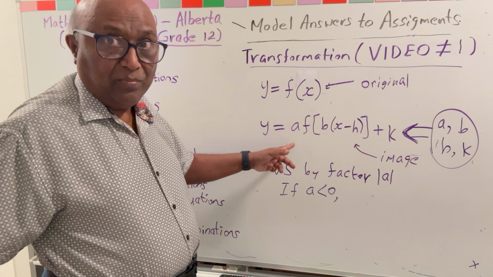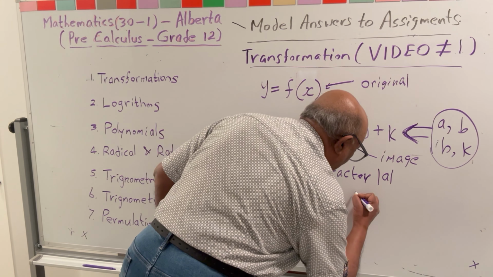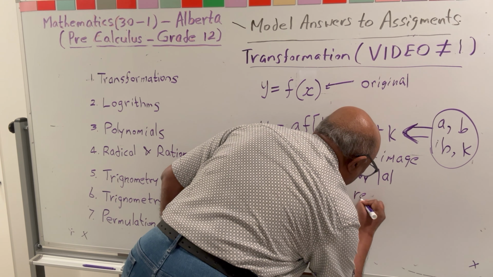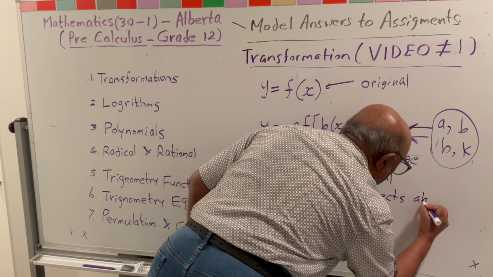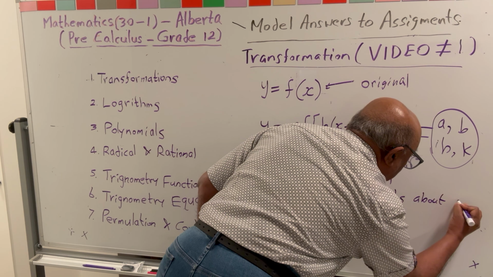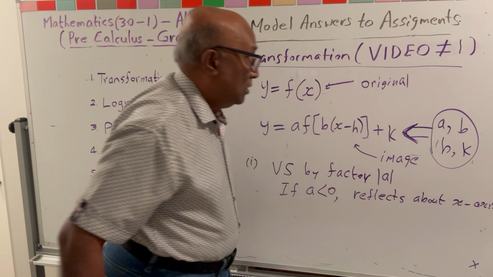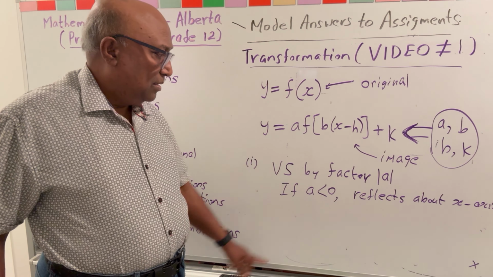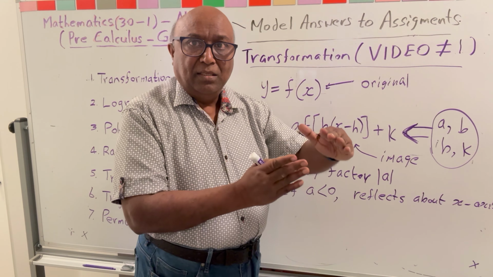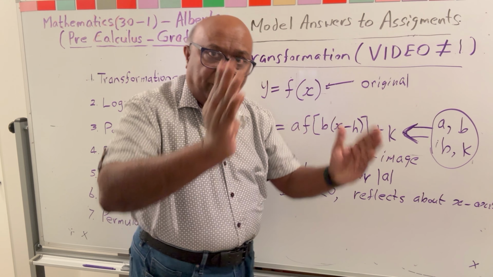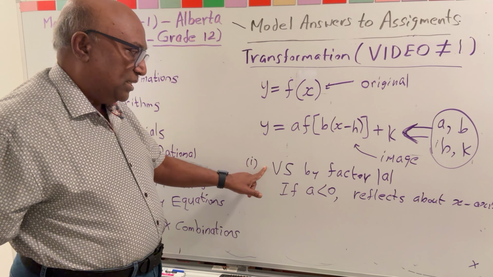A can be any real number other than 0. If A is negative, then the function reflects about the x-axis. In addition to stretch or compression, the function reflects about the x-axis. That is one situation, the effect of A.